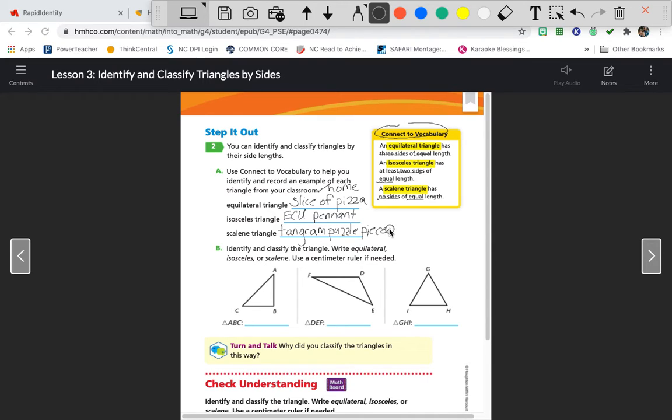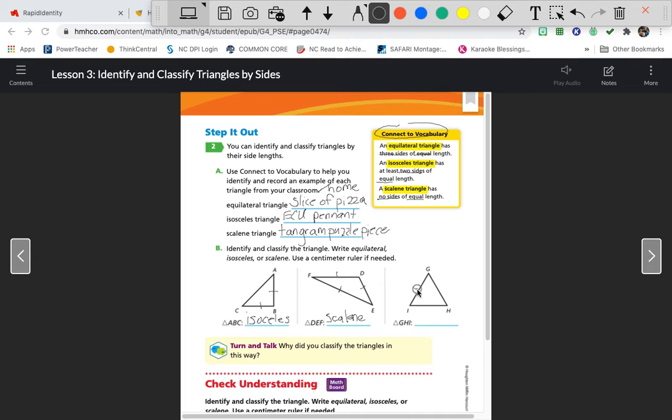So for triangle ABC, we're seeing that we have two sides that are equal. So we're going to call this one an isosceles triangle. Okay, for triangle DEF, if you look at all of your sides, you notice they're all different lengths. So we're going to call that a scalene triangle. And then our last triangle, GHI.